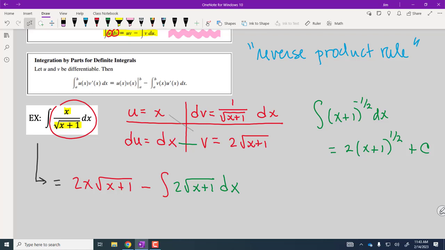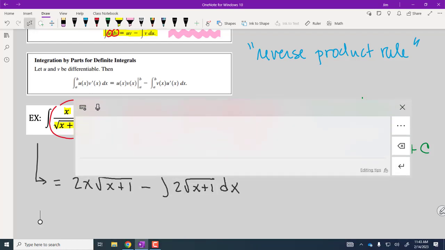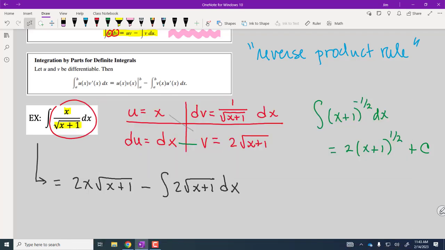And here is the key. It's at this stage right here where we have our next integral. And here's where we ask ourselves, did we make the right choice for u and dv? We know we made the right choice if that integral is integrable.